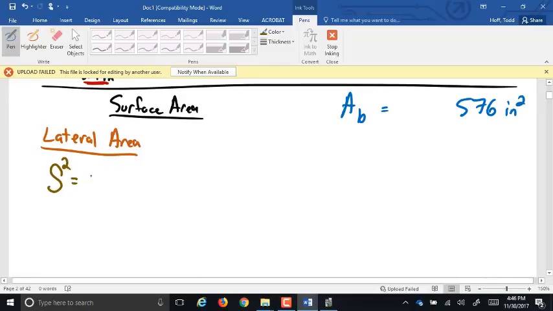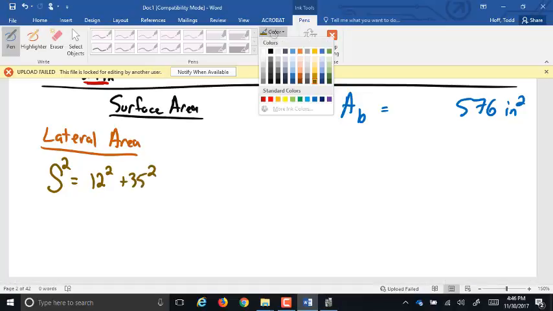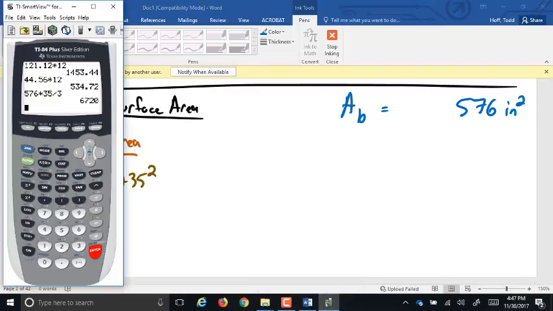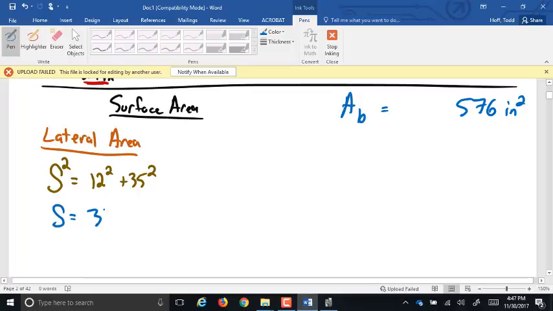So that slant squared is equal to 12 squared plus 35 squared. Now I'm going to take a shortcut, put it in my calculator as the square root of 12 squared plus 35 squared. And it gives me that slant is 37 inches, of course.